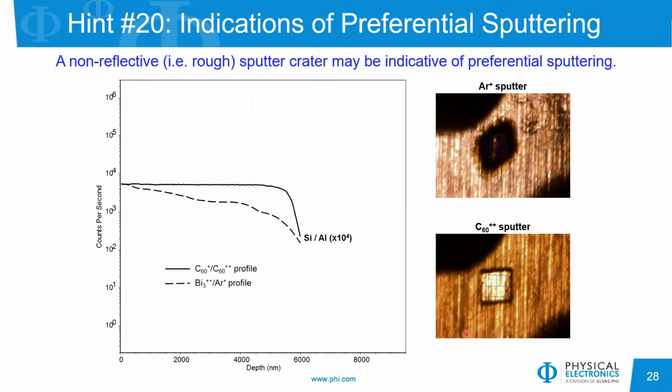So we switched over to C60 sputtering, using the 40 keV C60 double plus ion. In this case, we see a nice reflective sputter crater, which indicates that the crater bottom is quite uniform and has not roughened as a function of depth. And if we go back and look at the data, we see as a function of depth that the silicon to aluminum ratio is quite uniform.